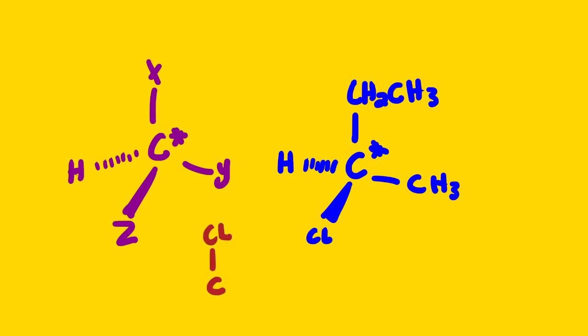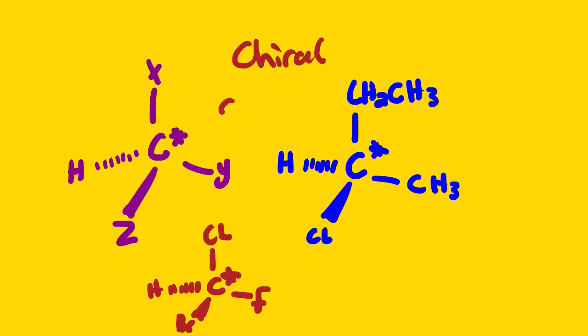We have chlorine, bromine, then we have fluorine, then we have our hydrogen here, and our tetrahedral center will be here. So this is just a quick review of a chiral carbon, and all of them are sp3 hybridized.